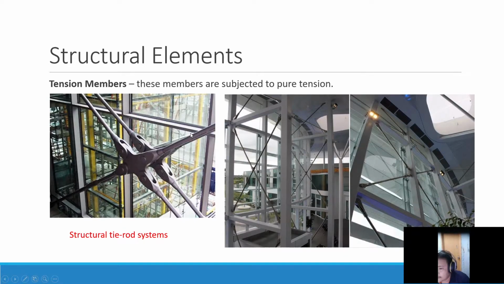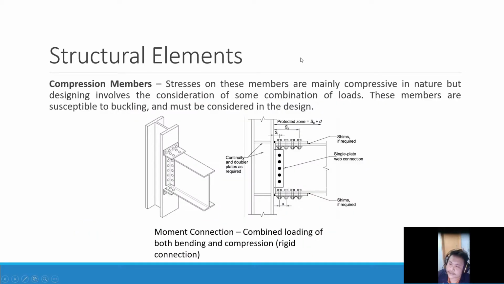Okay. So for our next structural elements, we have the compression members. These types of members are mainly compressive in nature. But sometimes in the design process, with the consideration of some combination of loads, it must be designed based on them. And with these members we have the phenomenon called buckling.